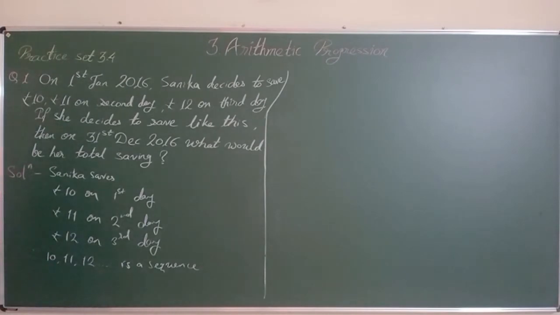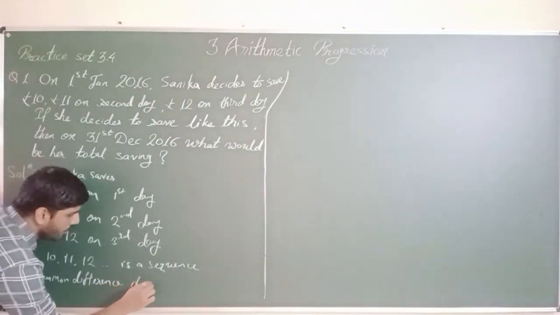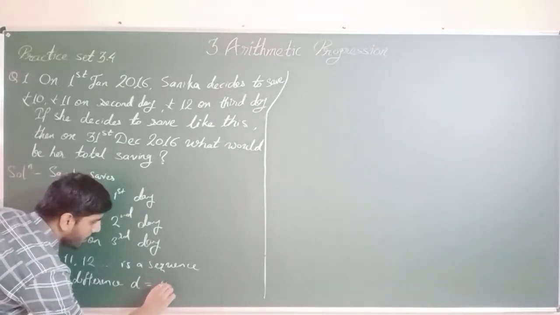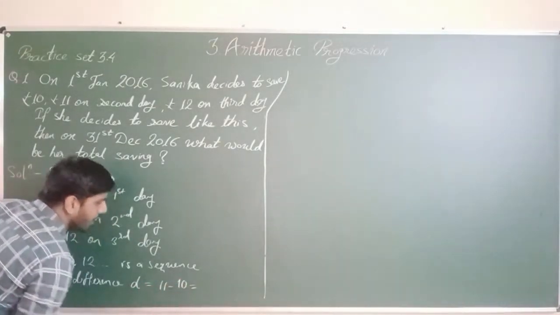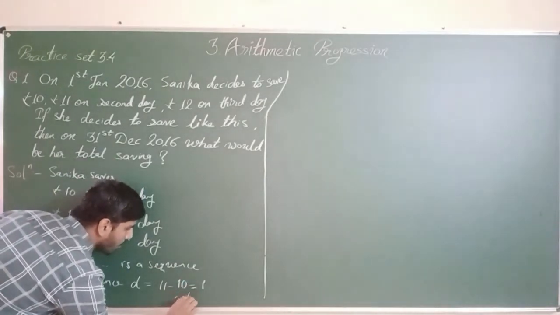Now from this sequence we can find common difference. Therefore common difference, which is d, is equal to second term minus first term, that is 11 minus 10, which is equal to 1, which is constant.